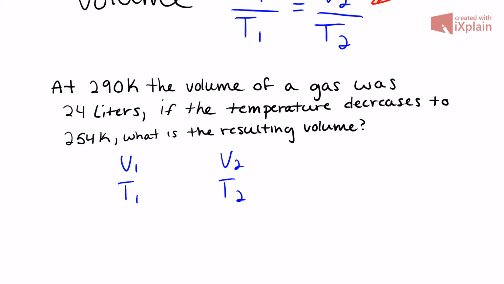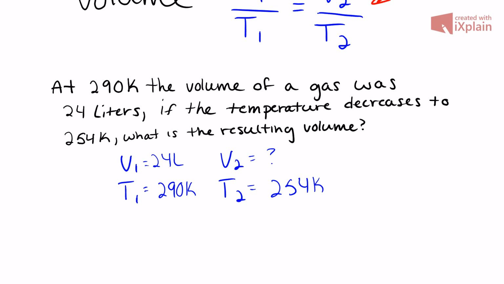Now remember, we're looking for volume 2. We don't know that, but we do know our final temperature, which is 254 Kelvin. Our initial volume is 24 liters, and our initial temperature is 290 Kelvin.